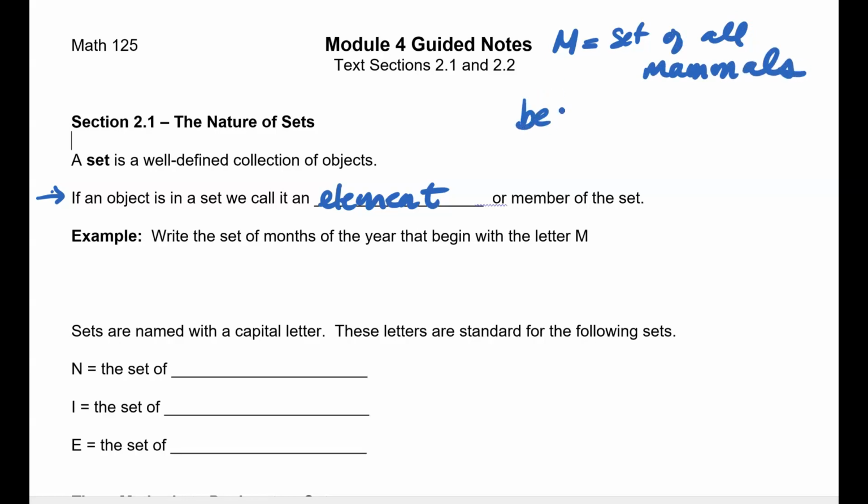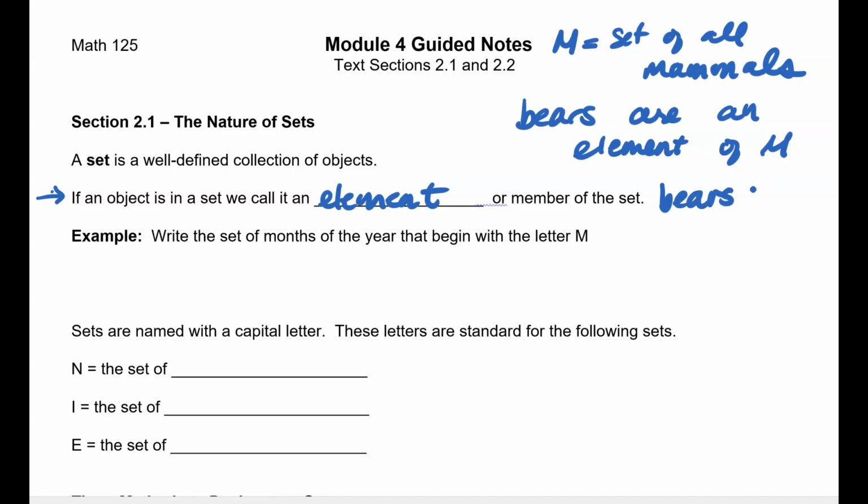We could say that bears are an element of M. And there's actually notation that allows us to say that even quicker, and we'll talk about it later on, but you can also say bears and use the symbol an element of M. So this symbol right here is an element of the set.